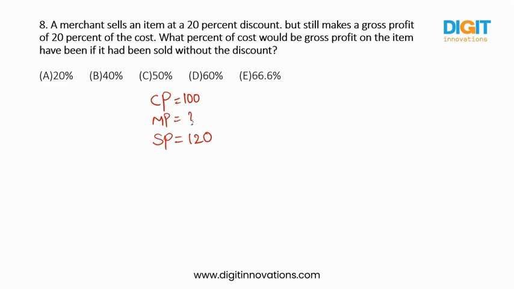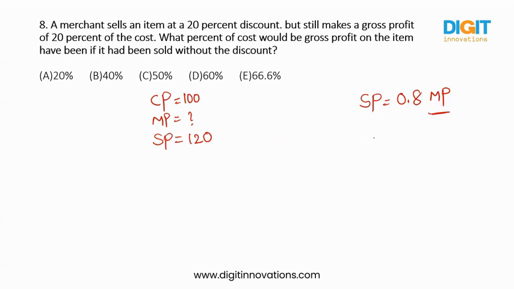So the market price should be known by me. So 20% discount. If there is a 20% discount, you write SP equal to 0.8 market price. If they tell loss, you write SP equal to 0.8 CP. But in the discount, you just use the market price.